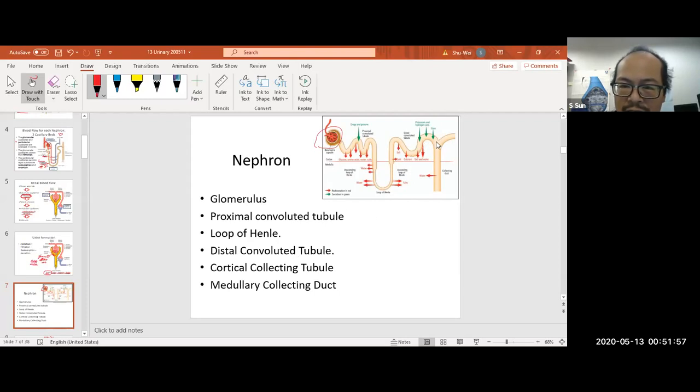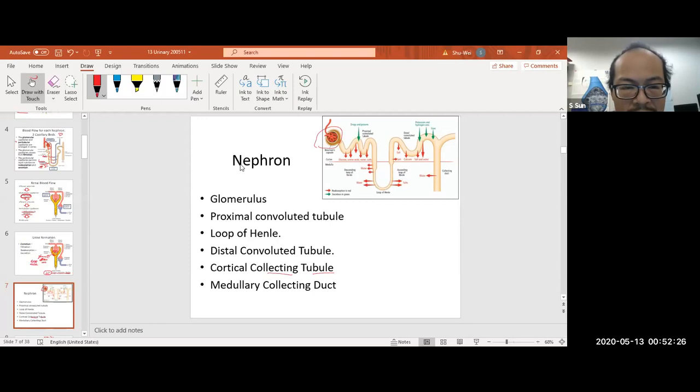Following that, we have the collecting tubule and the collecting ducts. Collecting tubule means that here we start to collect urine. This is one nephron, here is another nephron. Every nephron will join together with the collecting tubule and the collecting ducts. They are located in the kidney. The kidney has a cortex region, the outer portion, and the medulla, the inner portion.